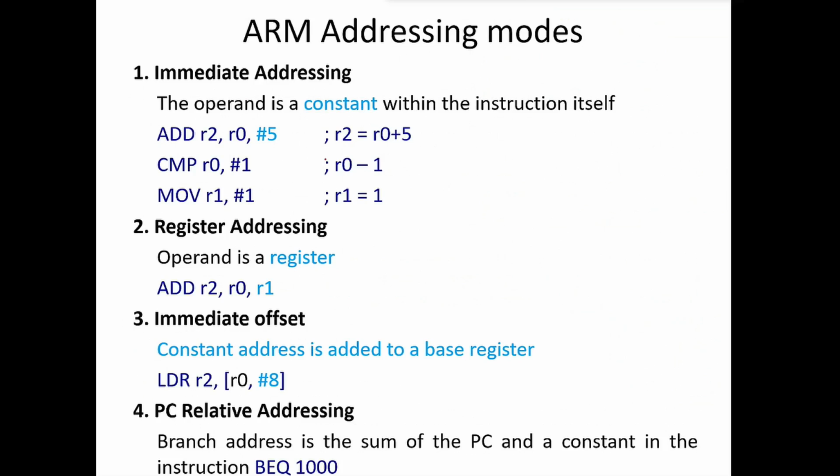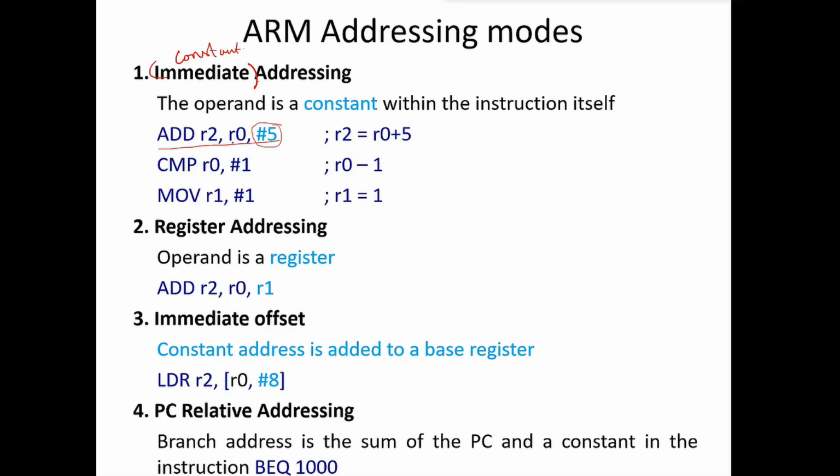When you talk about immediate addressing mode, it is nothing but a constant. So why is the word immediate? Assume you give this instruction to execute. This 5 will appear in the instruction immediately.